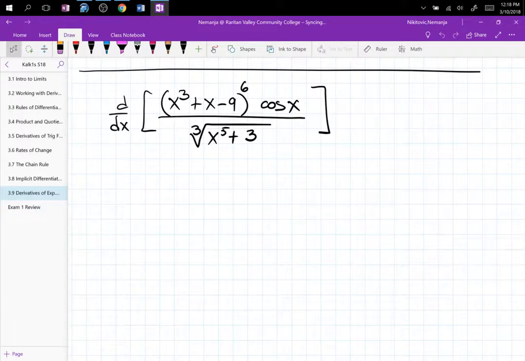This one is going to be 18x squared plus 6 divided by x cubed plus x minus 9, plus the, let me see, this one is tangent x minus 1/3 of 5x to the 4th divided by x to the 5 plus 3. There you go. That's the derivative.